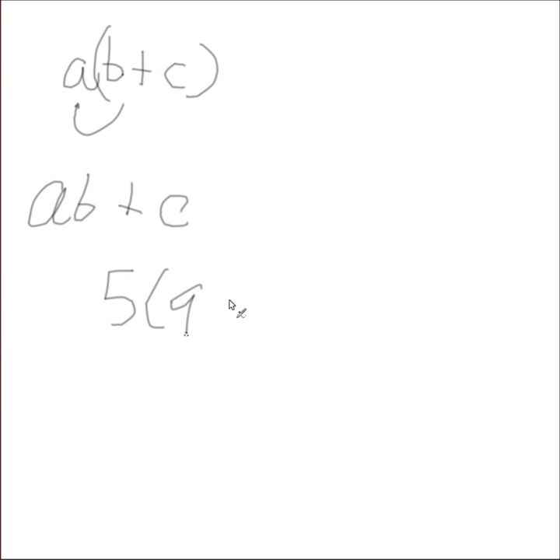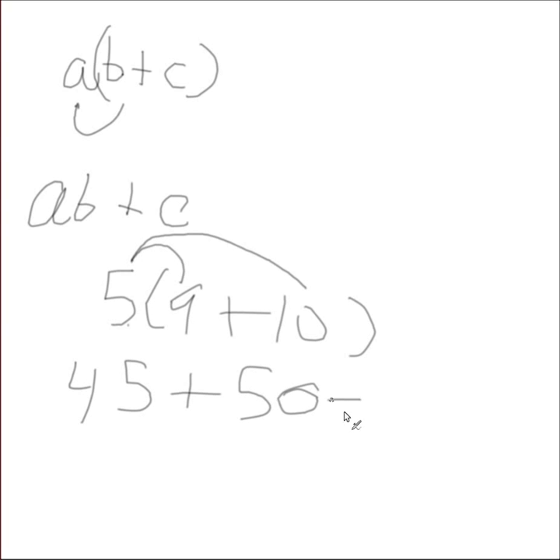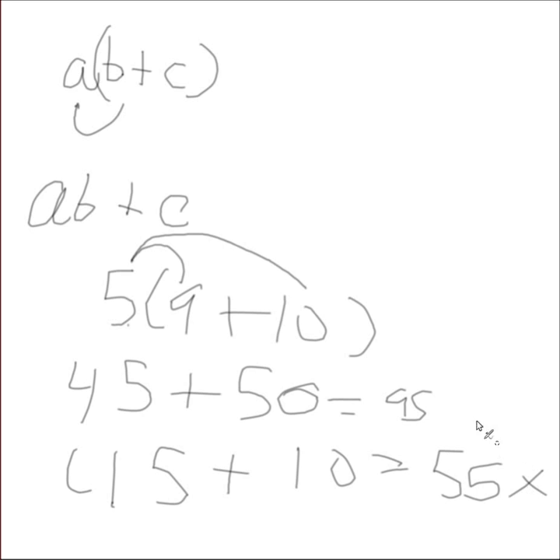So we have 5 times 9 plus 10, and let's say we're trying to expand it. So we know that 5 times 9 is 45, distributing the 5 to the 9, and we distribute it to the 10 as well. So we multiply 5 and 9, and 5 and 10. So 45 plus 50, 95. But a lot of people, if they're just learning it, will make this mistake. They'll multiply 5 and 9, then they'll forget about multiplying 5 and 10. So it'll just be 10, and they'll get the answer 55, which is wrong.